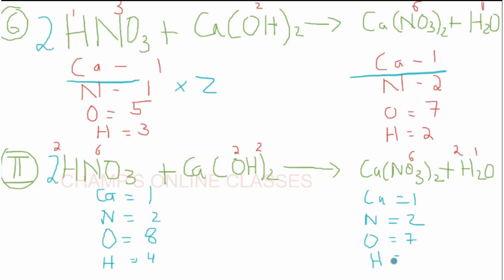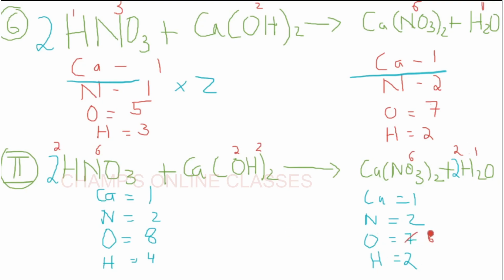Let's first balance oxygen. Now to balance oxygen, can I just write 2 over here? So now count 3 2s are 6, and here 2 ones are 2. 6 plus 2, 8. So our oxygen is balanced.